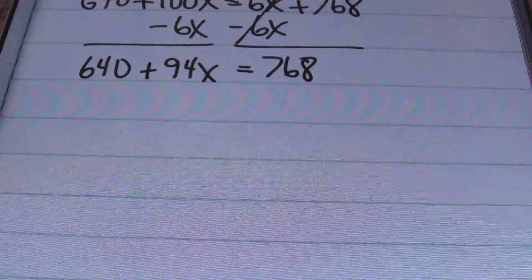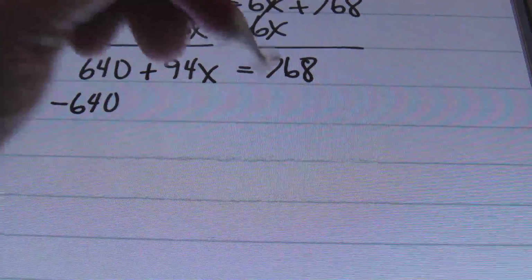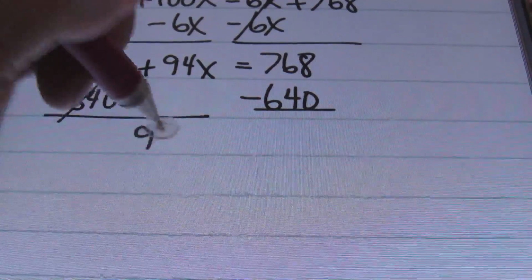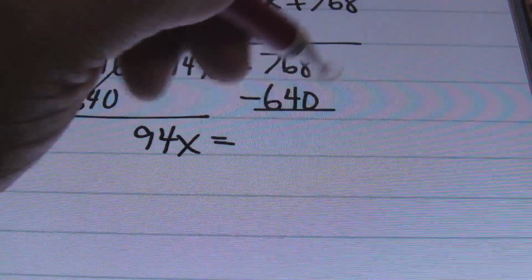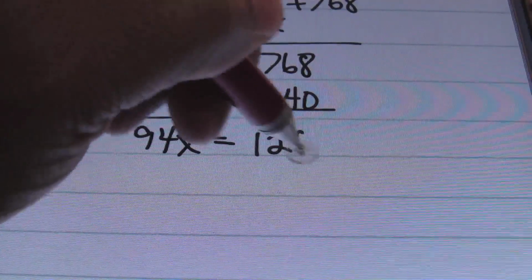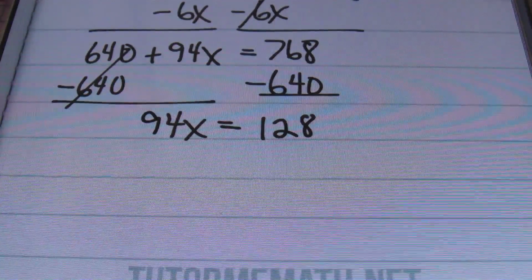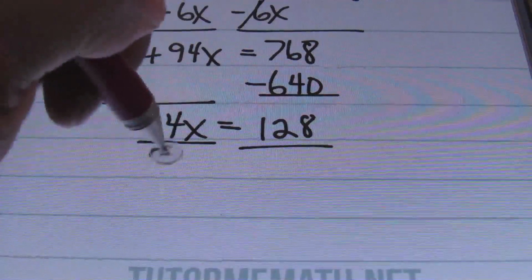From there, I'll be subtracting 640 from both sides of the equal sign. I'll be bringing down 94x, which now equals 128. From there, ladies and gentlemen, I'm going to be dividing both sides by 94.